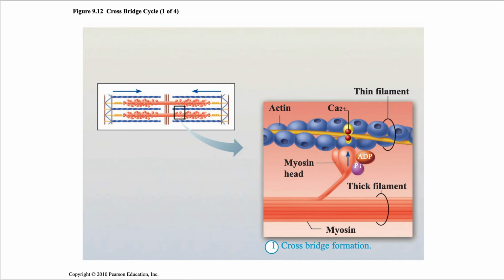When it bound to the myosin head, it changed shape. The myosin head changed shape and cocked like a gun so that it was ready to pop onto this actin filament. That ATP is broken apart into adenosine diphosphate plus that additional phosphate. So when that phosphate was broken off this molecule, the energy from that bond was able to change the shape of the myosin head. Well, the myosin head now attaches normally, attaches for free, but it's going to get rid of this ADP and phosphate and change shape again.